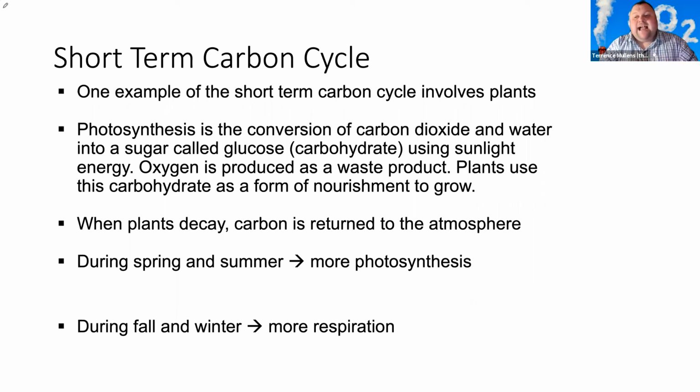And that decay actually adds carbon back into the atmosphere. So even without humans, this cycle would actually still be well pronounced. If humans were to go away, we would still see this up and down cycle happening on an annual basis.